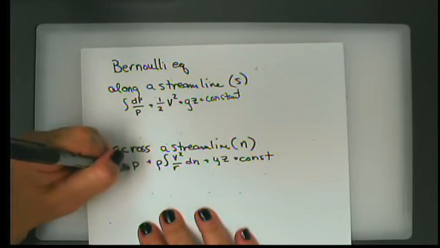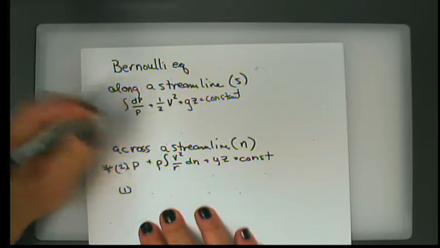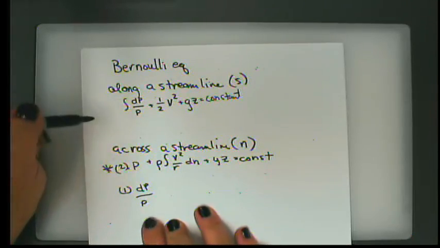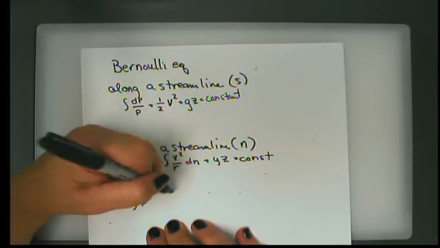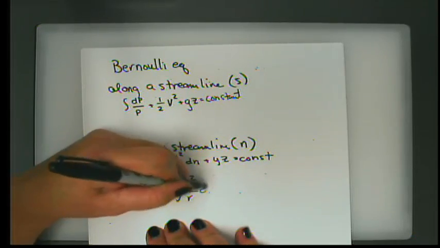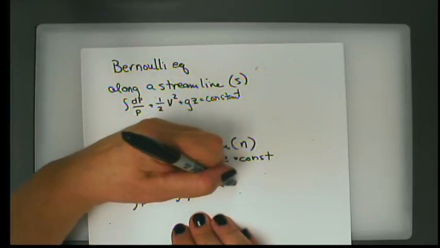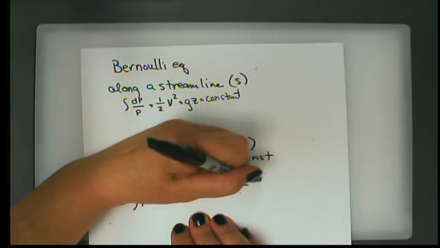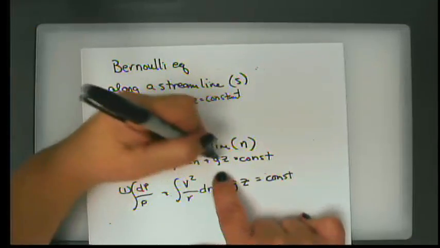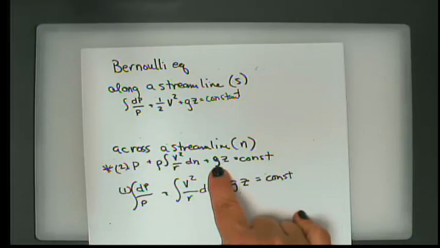Now, I want to change something up just a little bit. Let me go back one. So this is equation form 2. I want to go back to form 1. We're going to have dp over rho. I kind of want it to look like this, plus v squared over r dn. So that's similar to this, plus gz equals a constant. And of course, your book has it written as y, but it's actually a z.